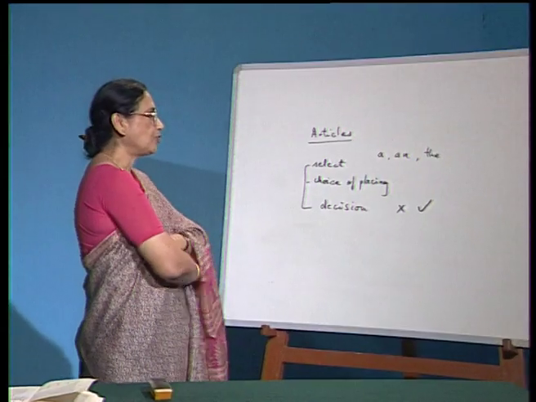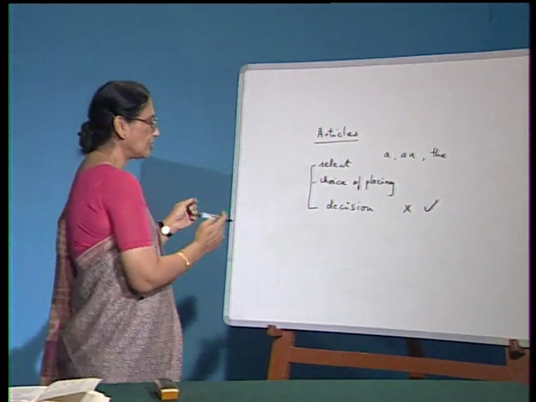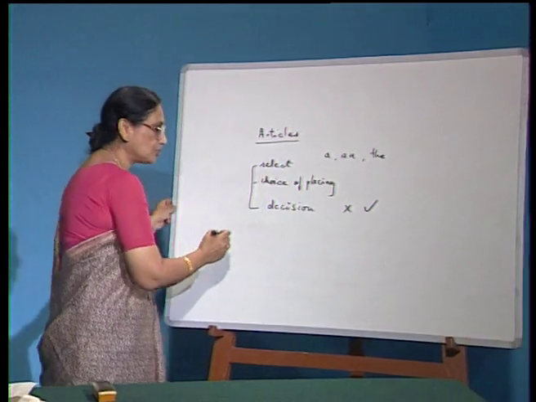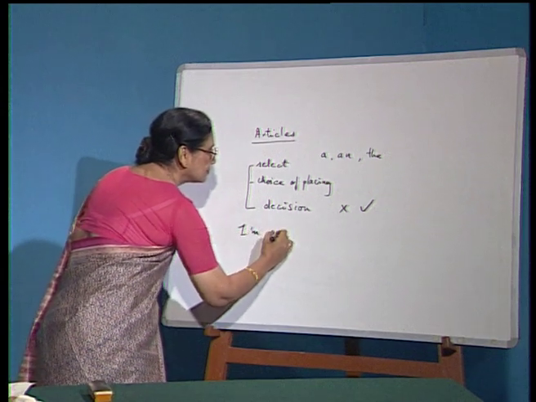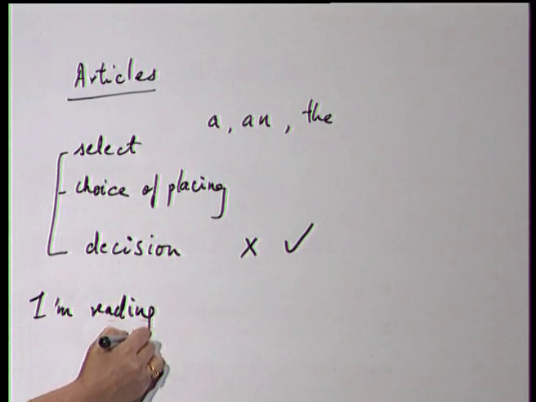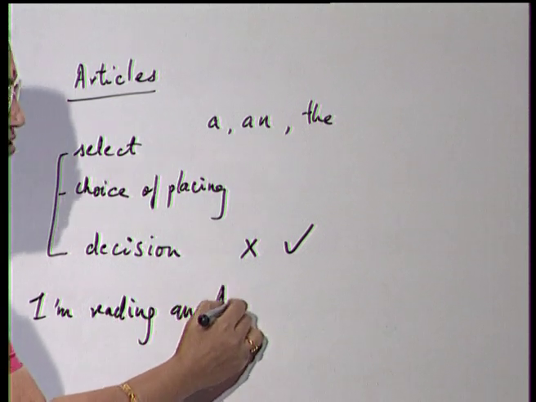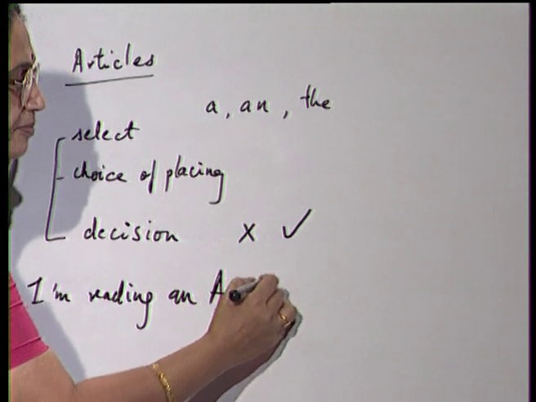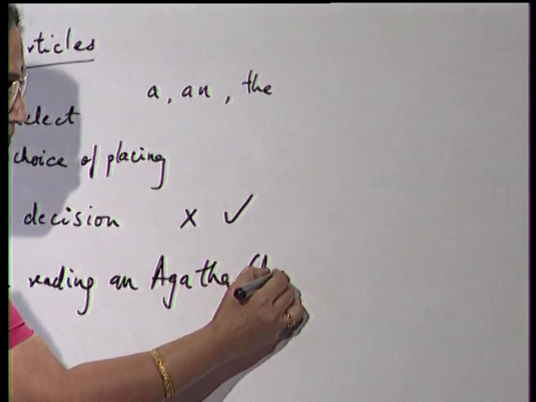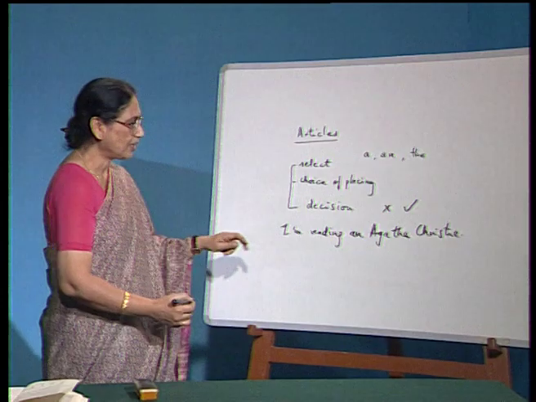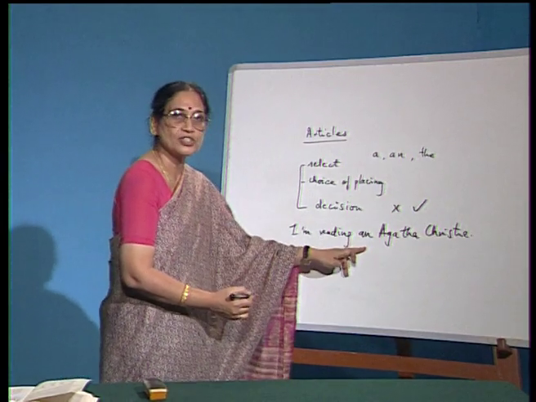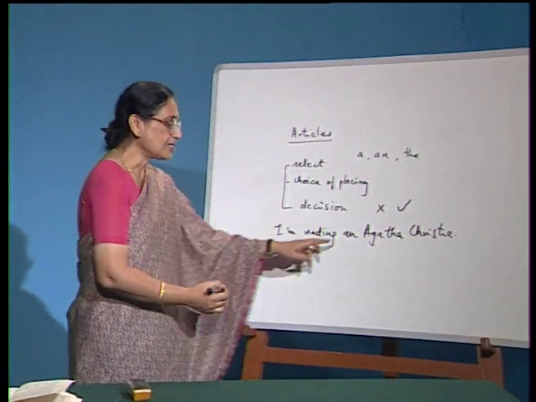For example, if you want to say that you are reading a book by Agatha Christie, you would say, I am reading an Agatha Christie. Is this correct? You may wonder. Can we say I am reading an Agatha Christie? Why is this article used here?